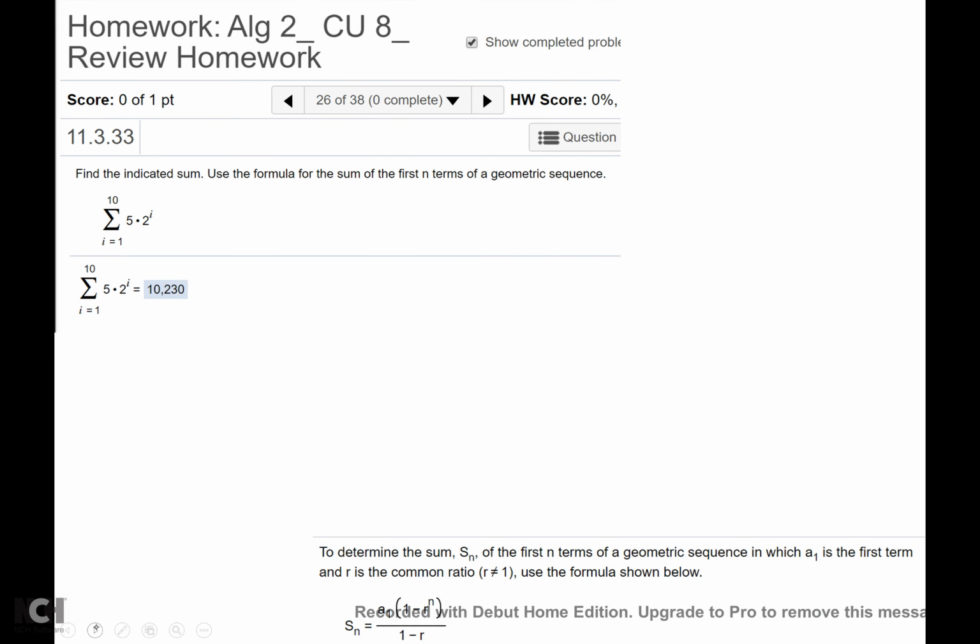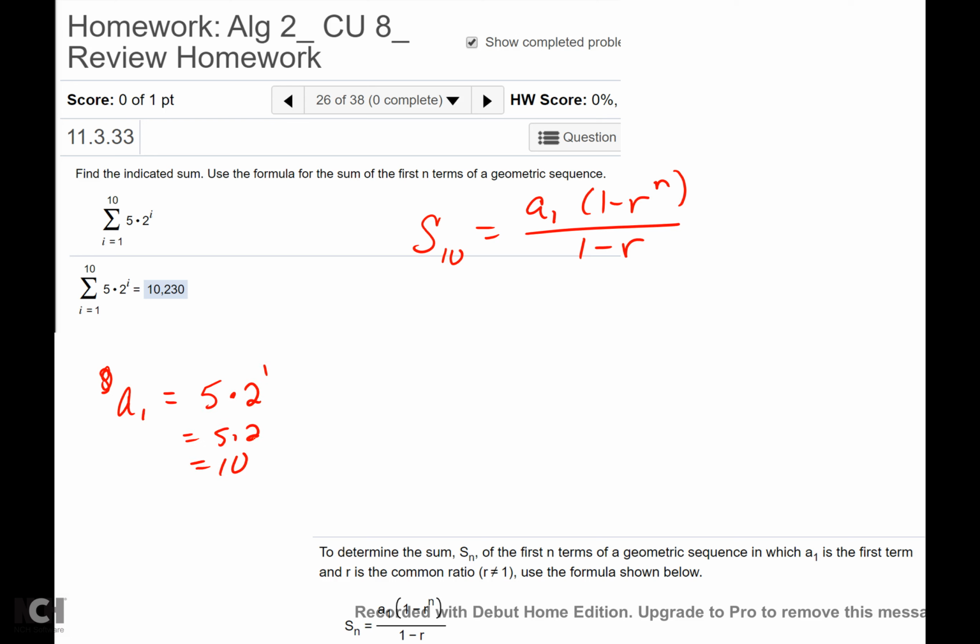Another one. So we need our formula. The sum of the first n terms is the first term times 1 minus the ratio to the n over 1 minus the common ratio. We're going from 1 to 10, so we're finding the sum of the first 10 terms. To find the first term, a sub 1, I would take 5 times 2 to the first, which would be 5 times 2, which would be 10.